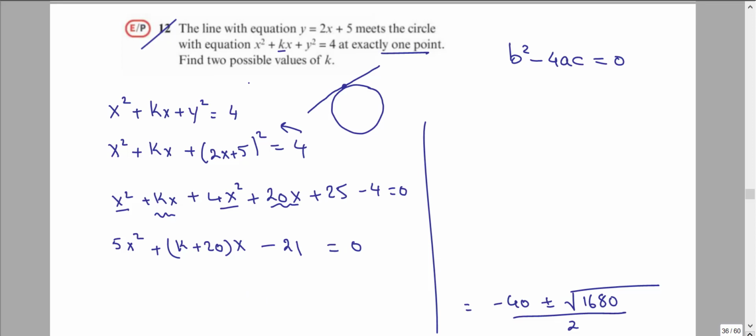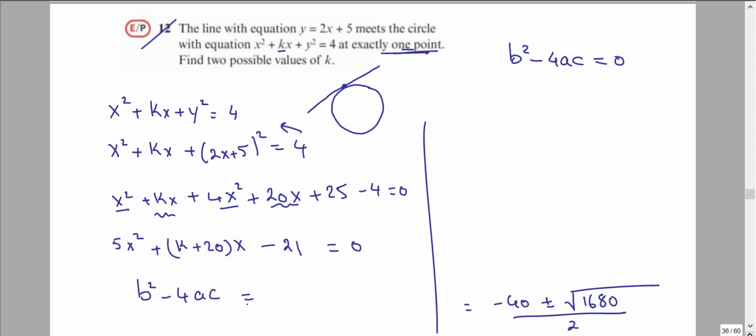After this, Adam, they say they meet at exactly 1 point. It means the discriminant is what? B squared minus 4ac is what? I'm saying if they meet at exactly 1 point, the discriminant will be what?